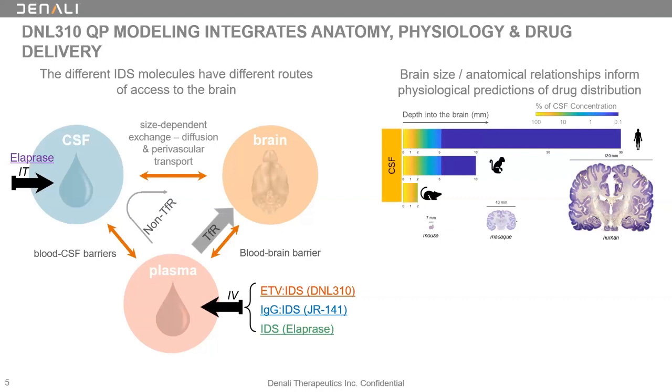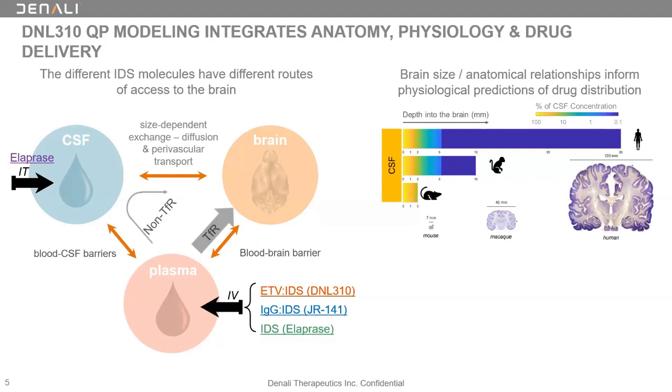You see that the diffusion into smaller species based on the volume and the size, you get good distribution into the mouse brain, for example. Less efficient in the monkey brains, but the efficiency is far more reduced in human brains, just based on the size of and diffusional parameters in these settings.